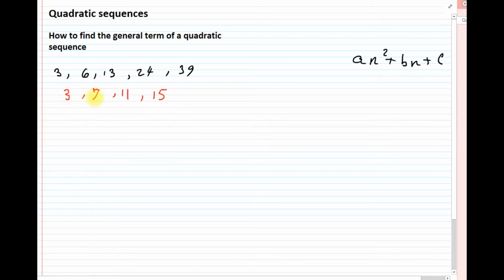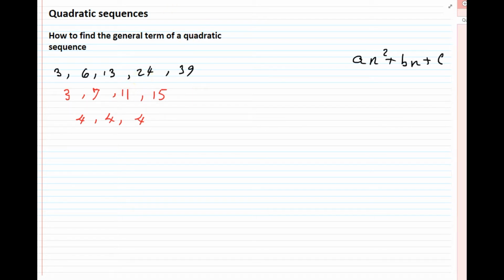So this is our first layer of differences. Then we work out the second differences, the difference between the differences, so to speak. So 7 minus 3 is 4, 11 minus 7 is 4, 15 minus 11 is 4. Now, if the second differences are the same, then our original sequence is quadratic.